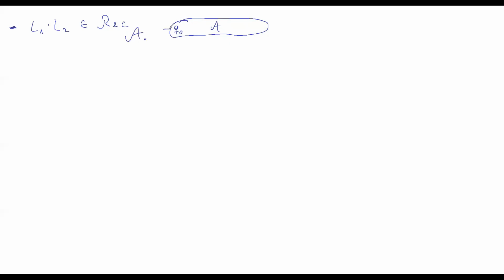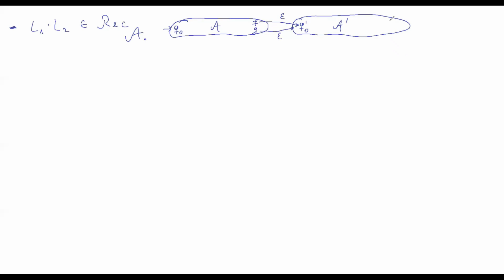So this is going to be the initial state. And for any final state, maybe you have several of them, you are going to have an epsilon transition to the initial state of the second automaton. So for all of these final states, you will have an epsilon transition here.